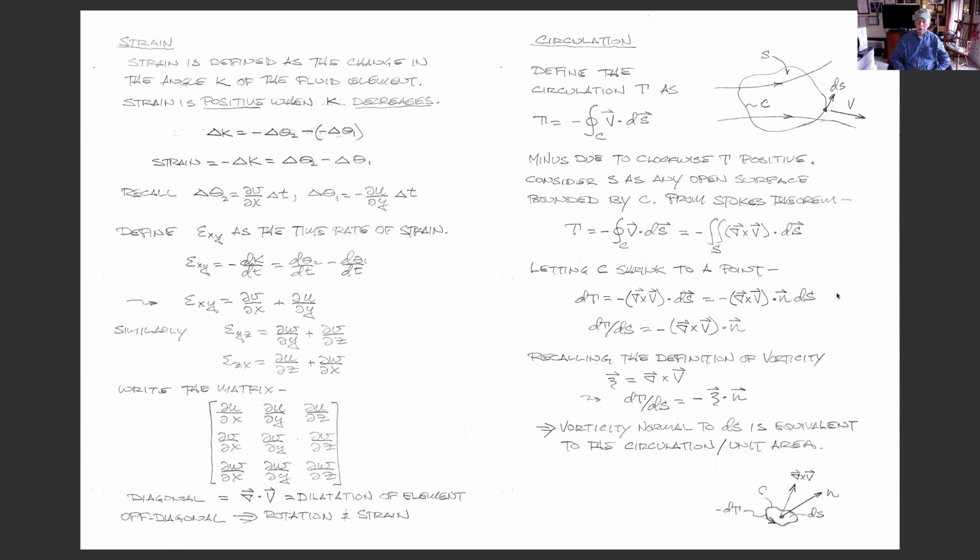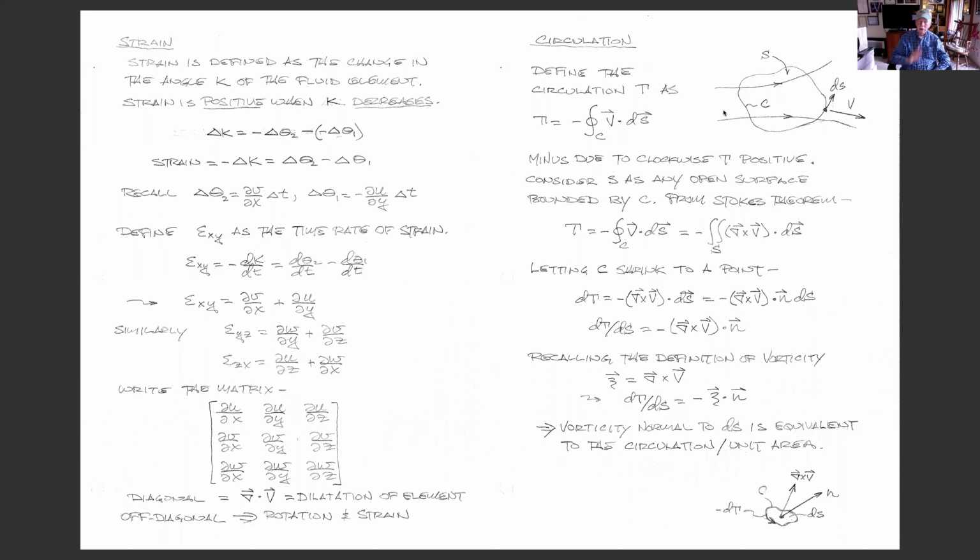Just at this point, it's a surface, an arbitrary surface within the flow field, with velocity and all the other stuff going on. The boundary of this surface S is closed, but it's an arbitrary surface, and the boundary is C right here.